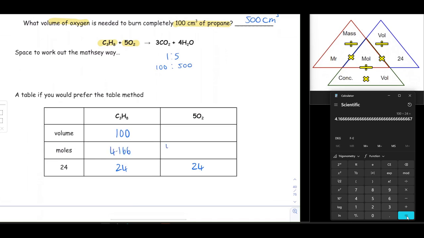We do 4.166 times 5 because we've got a ratio of 1 to 5. Keep our calculator value, times by 5, and we've got 20.83. Keep our calculator value again, times by 24, and that will give us 500 centimeters cubed. Same answer, but one's the table method and one is the mathsy way.